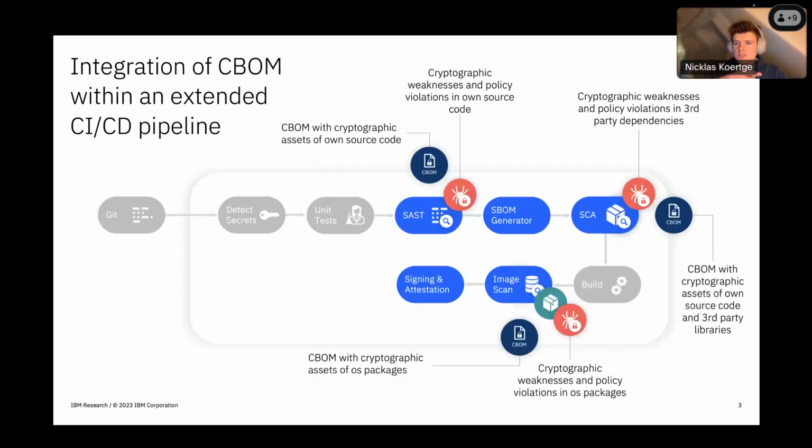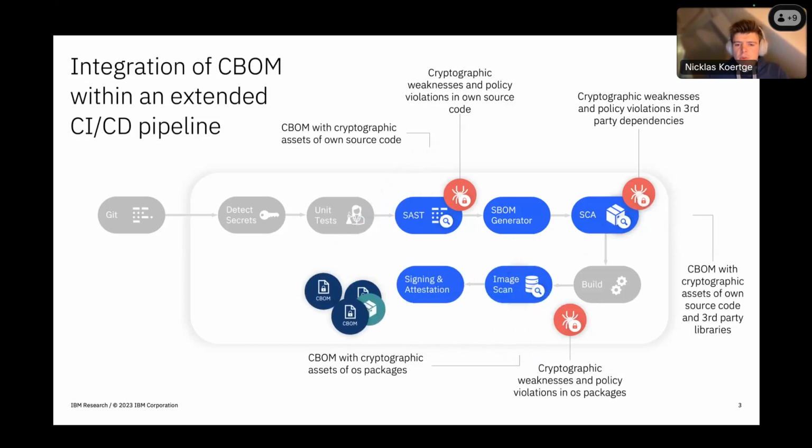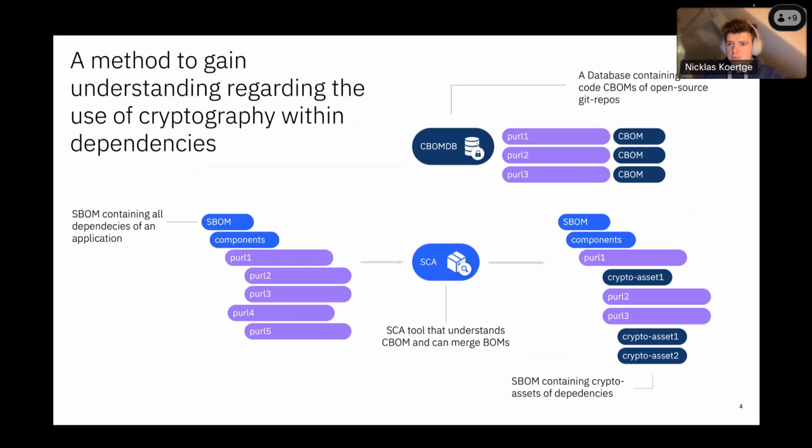So we tried to envision CBOM as a natural extension to SBOM, except there's also maybe a CBOM generation already on the source code level, because you want to capture the crypto code there. But as you see at the SCA point, there's also a CBOM generation similar to an SBOM generation, because you also want to capture the weaknesses and the crypto used in your dependencies, and similar to SBOM also maybe for images. And there is a way how we think that could be done that we wanted to share here.